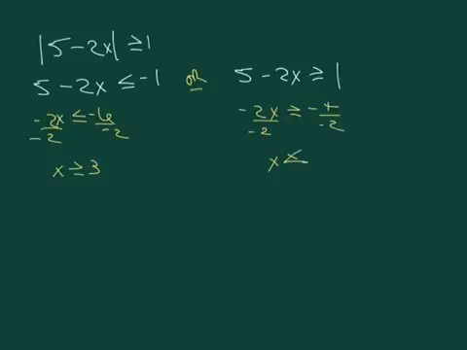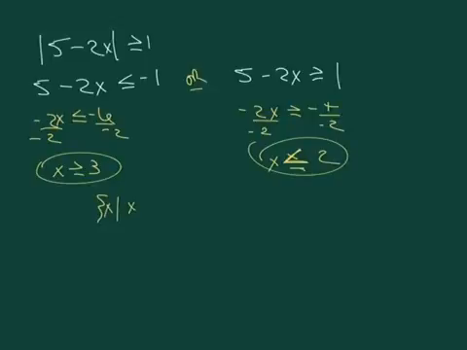Okay, and that's +2. So there are my two answers. Okay, so again, I write it as the set of all x such that x is greater than or equal to 3, or x is less than or equal to 2.